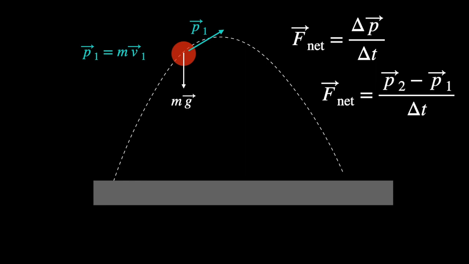I multiply by delta t, add p1, and I get this. So this says that if I know the initial momentum p1 and the force, which I know, over some time interval delta t, then I could calculate p2, the final momentum.